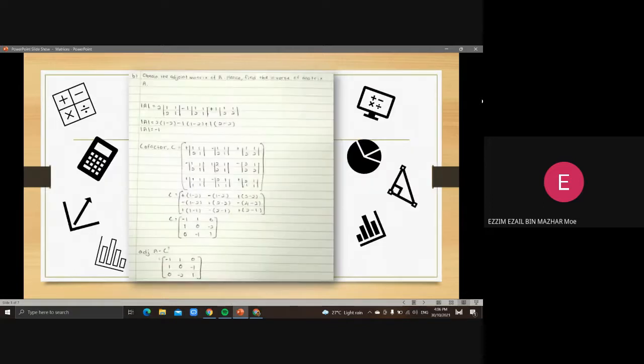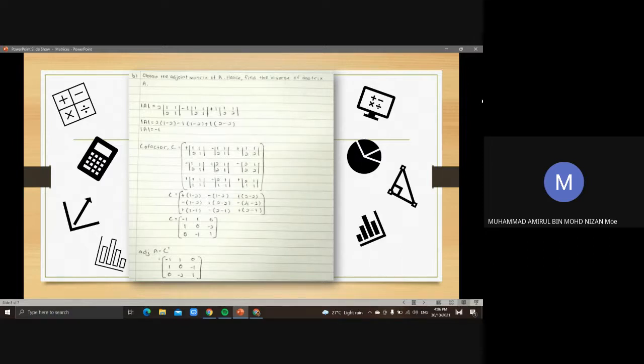For the next question, I hope Amirul can explain it to us. For question B, it states that you are to obtain the matrix A, hence find the inverse of matrix A. First, I find the determinant of A, using the first row, and I get a determinant of -1.